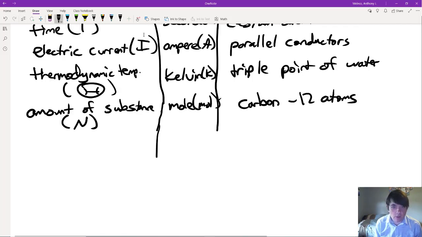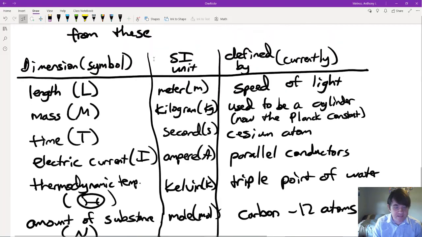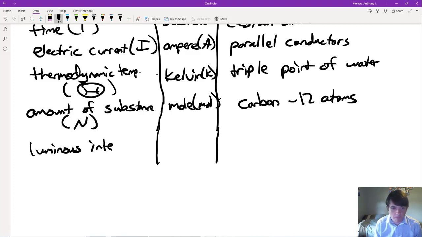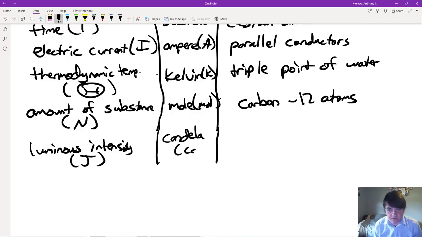The last one, okay, you must be thinking, well, we've done 6. I can't really think what the last one would even be. And this is actually luminous intensity, which is the symbol J. The unit for that is a candela, which is the unit cd, okay.